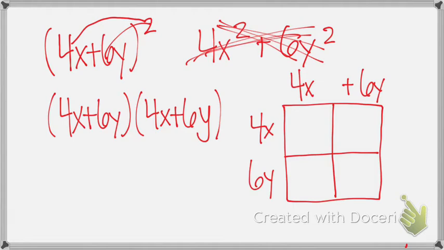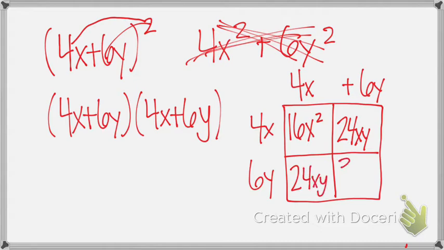So, we simplify. 4x times 4x is 16x squared. A 6y and a 4x is 24xy. Same thing in the bottom, 24xy. And 6y times 6y is 36y squared. All right, now, looking at your answer choices again.